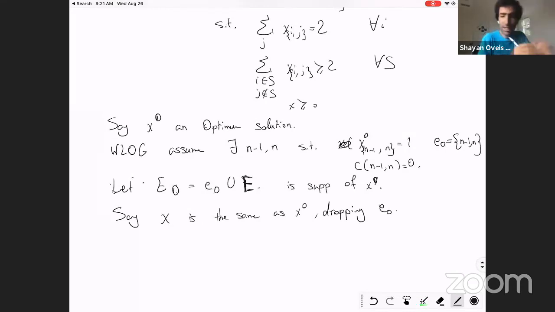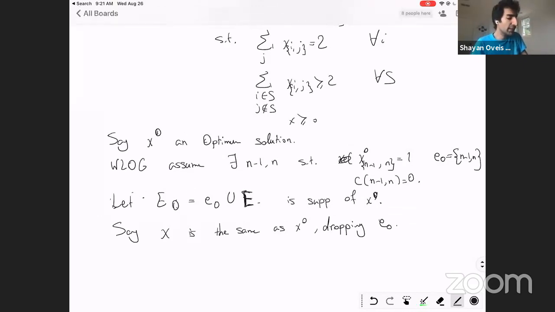Just forget about E0 and look at the rest of the solution. Let's say X is that thing. One sanity check to keep in mind is that the so-called fractional degree of every vertex except n-1 and n in X is 2. Vertices n-1 and n have degree 1, because we dropped the edge E0.